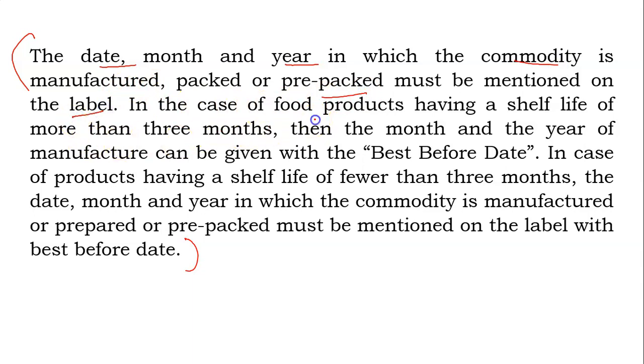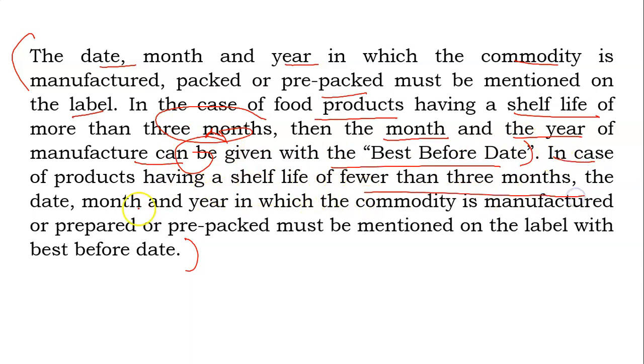In the case of food products having a shelf life of more than 3 months, which is related to our question, the month and the year of manufacture can be given with the best before date. It is saying can be given. But in case of a product having a shelf life of fewer than 3 months, the date, month and year in which the commodity is manufactured or pre-packed must be mentioned on the label with the best before date.